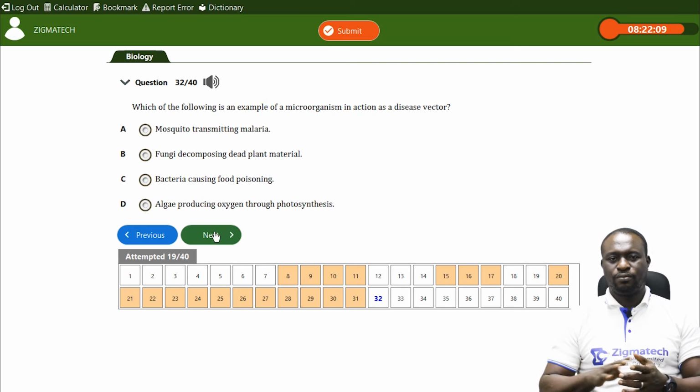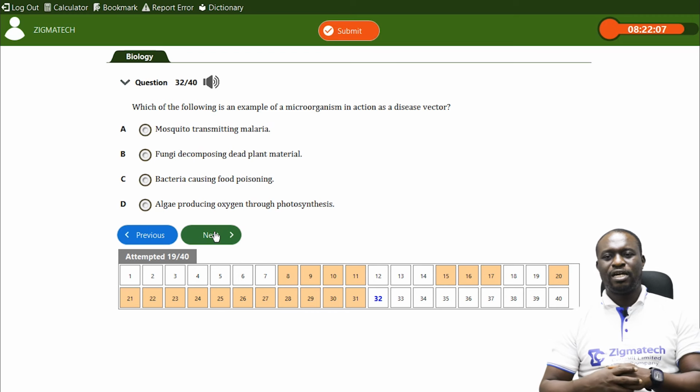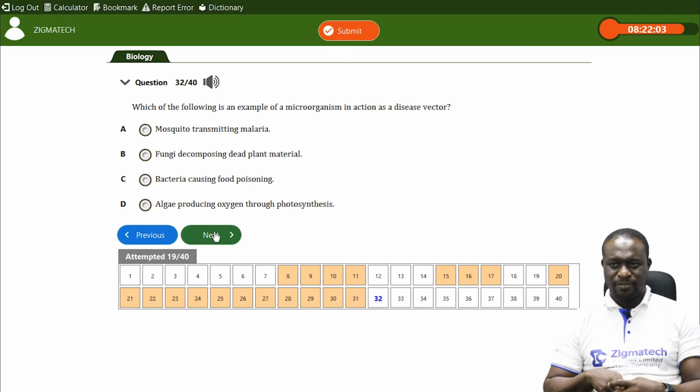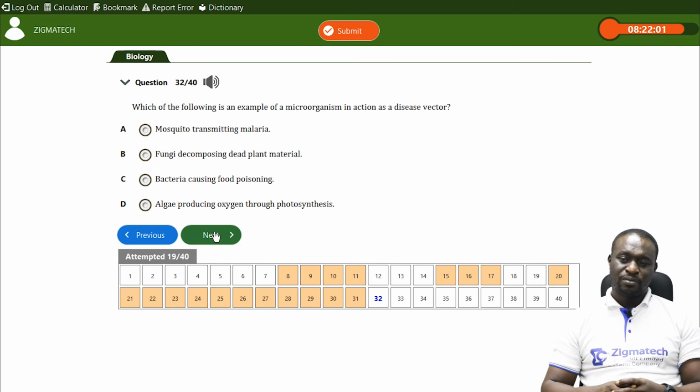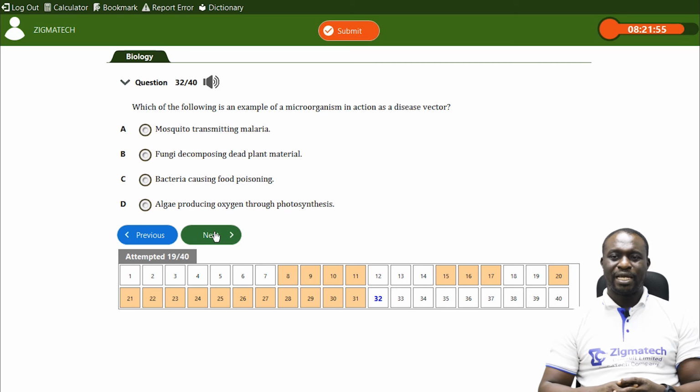Next, 32. Which of the following is an example of microorganisms in action as a disease vector? Let's repeat that question again.